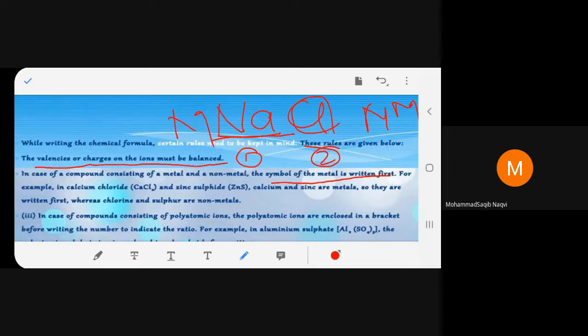Next. For example, in calcium chloride, it is CaCl2, and zinc sulfide is ZnS. Calcium and zinc are metals, so they are written first, whereas chlorine and sulfur are non-metals.